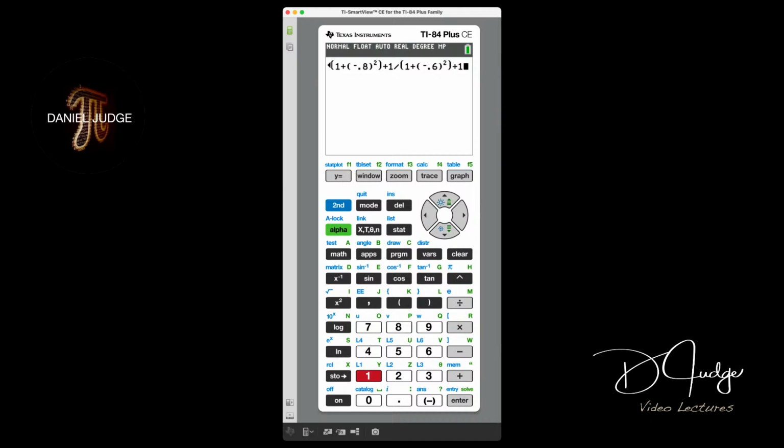Plus 1 divided by, close this, 1 plus the -0.4, close this and square it, and continue all the way to +1. So now we're going to enter plus 1 divided by, parentheses, 1 plus -0.2, close that and square it, close our parentheses, plus the next one will be 0.